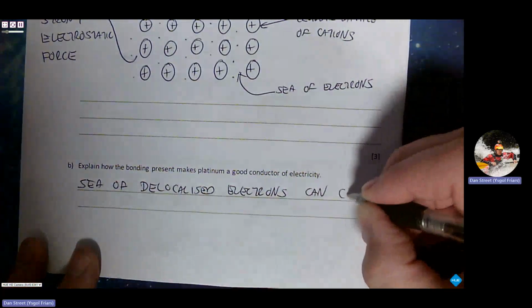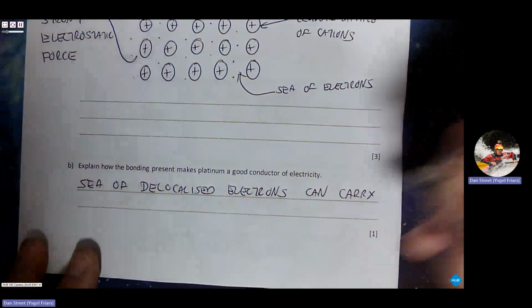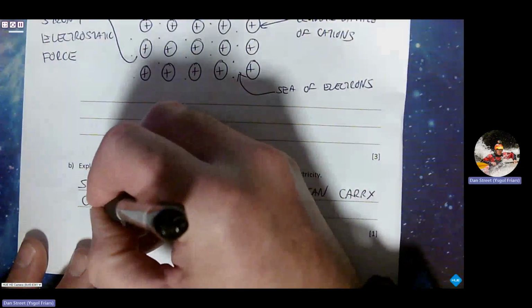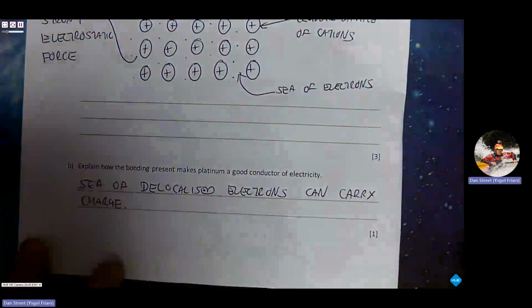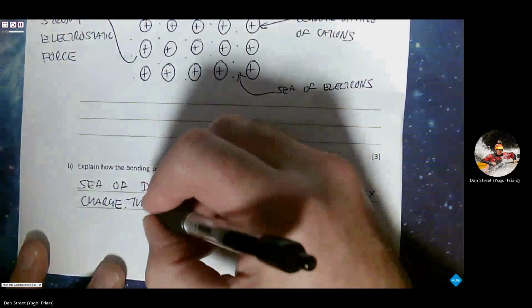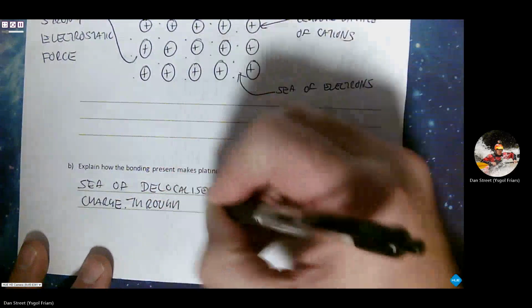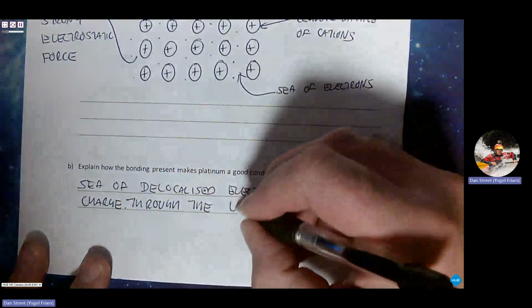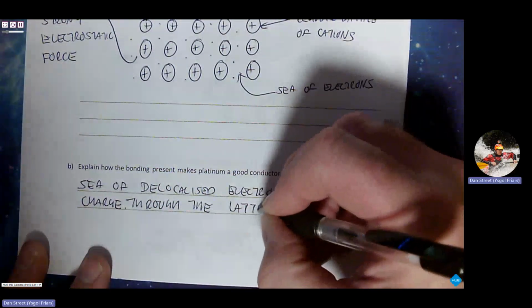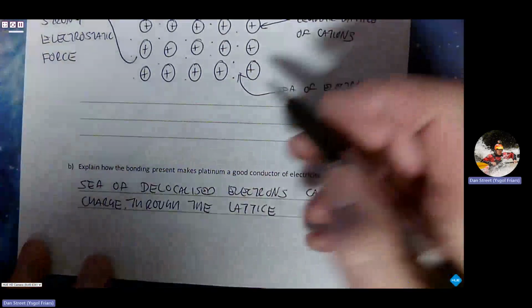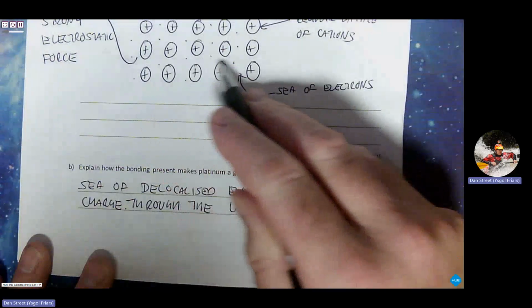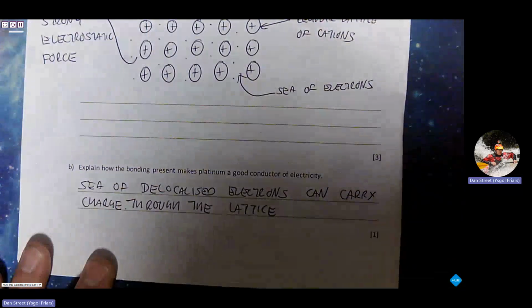They are negative, and they can carry charge through the material, or carry current through the material, through the lattice. So the flow of electricity is simply these electrons moving through the material due to an external force.